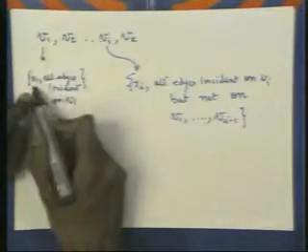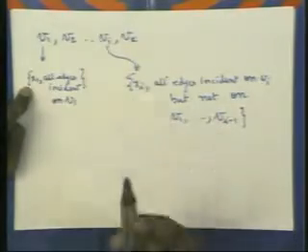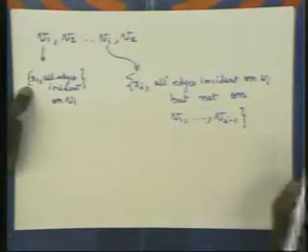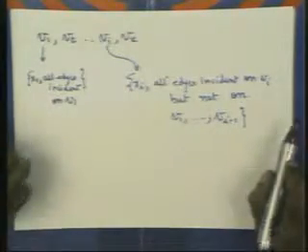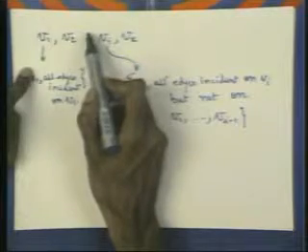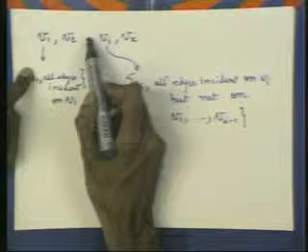X1 is covered by the set corresponding to v1. Xi is covered by the set corresponding to vi, and so on. So x1 through xk is covered, and every edge is also covered. Since this is a vertex cover, if I take any edge, there must be one endpoint in this. Choose the smaller endpoint.